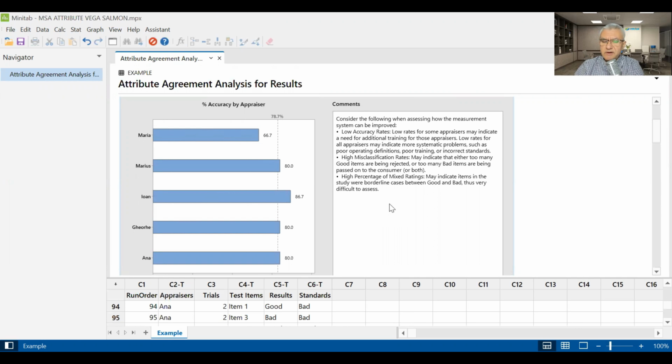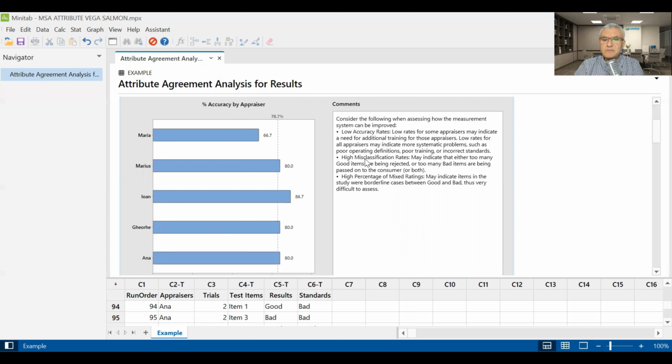These comments here are very important. Low accuracy rates for some appraisers may indicate a need for additional training for those appraisers. If you obtain low rates for all appraisers, that may indicate you need a more systematic training, or you need to review the operating definitions, or you need to fix incorrect standards.